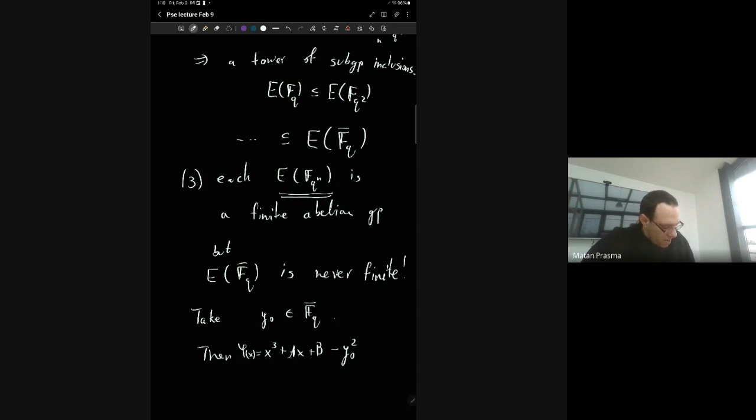This is a polynomial over FQ bar, right? And over FQ bar, every polynomial has a root.